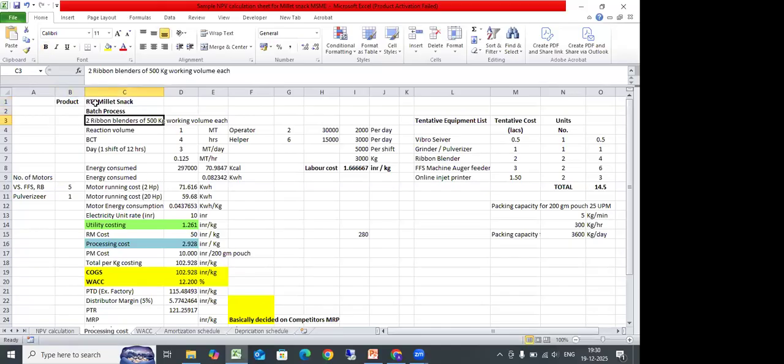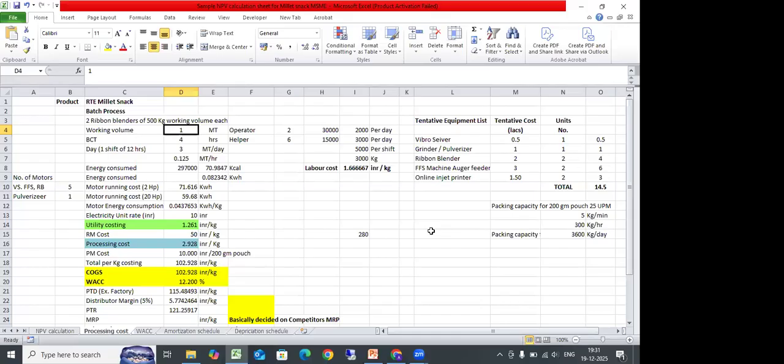Now, what I am considering here is 2 ribbon blenders of 500 kg working volume each. So what will be the working volume? 500 into 2, 1 ton. Is this clear? First step.